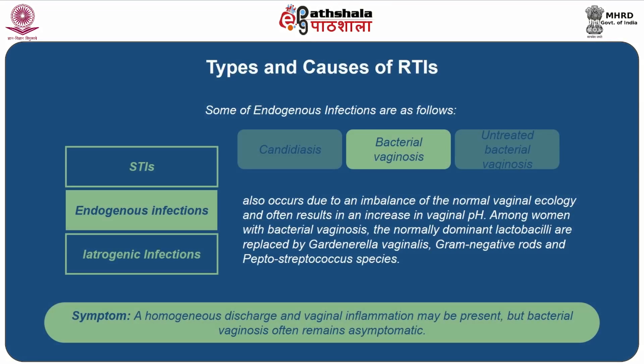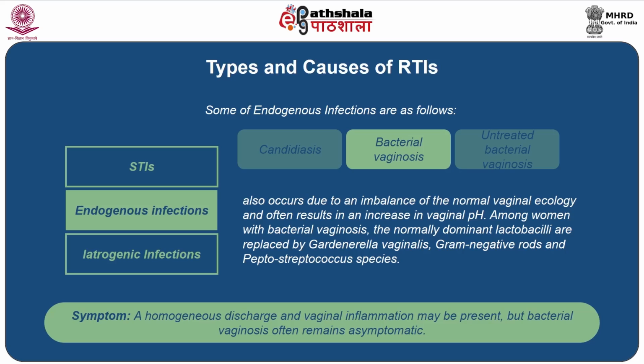Bacterial vaginosis is another endogenous infection that also occurs due to an imbalance of the normal vaginal ecology and often results in an increase in the vaginal pH. Among women with bacterial vaginosis, the normal dominant lactobacilli are replaced by another type of gram-negative rod bacteria.